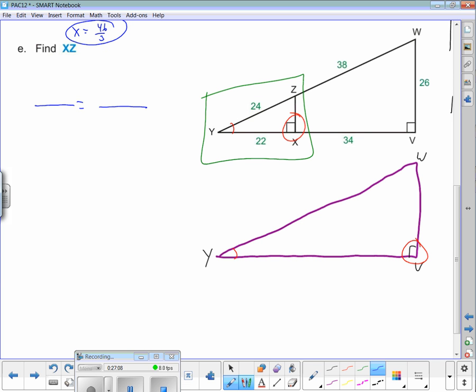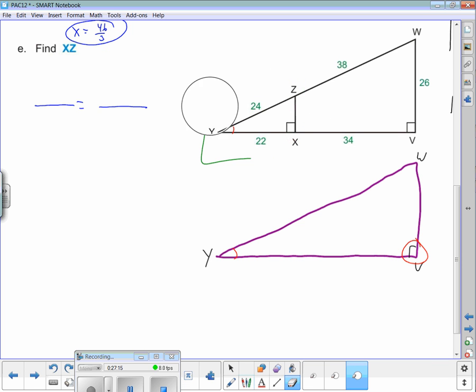What are we looking for? XZ. All right, let me clean things up here. Need a bigger eraser. XZ. Okay, let's call it A, because we have X's and Y's all over. You can call it ZX if you want, or XZ. So I'm going to put that on the top.